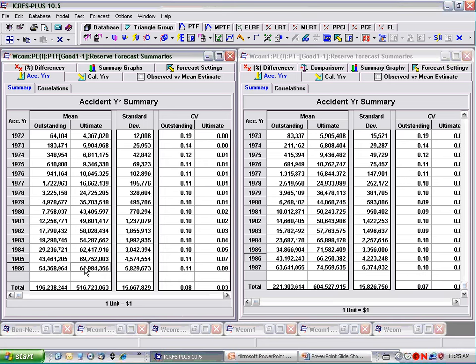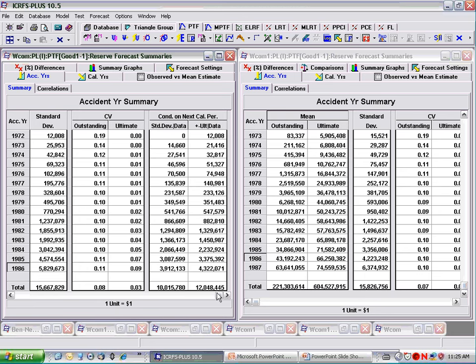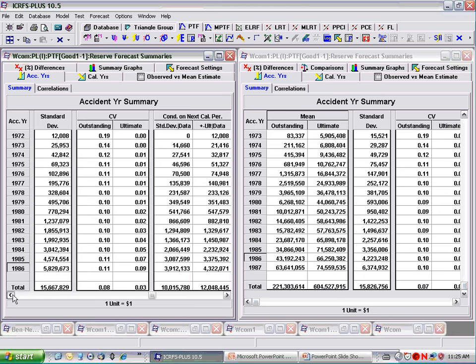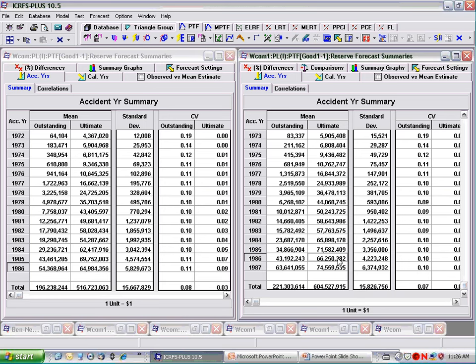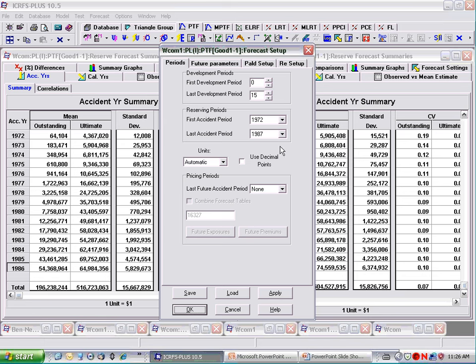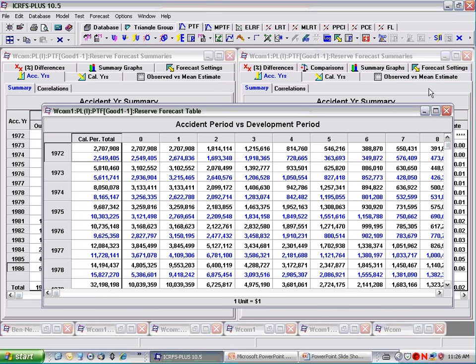It's 64. The 64 has a standard deviation of 4.3, so the 64 is pretty close to the 66. In fact, what I could do here is do the forecast again so I don't get confused, and let's only go to 86. That'll be easier to look at.